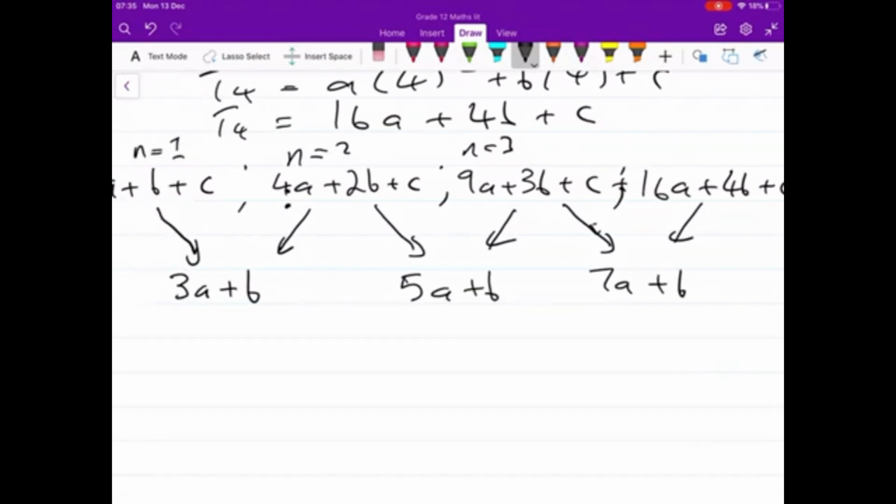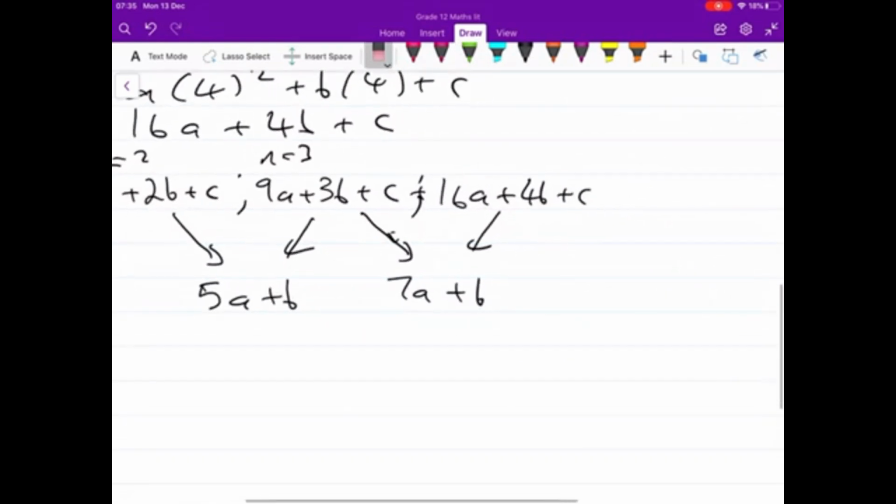If you notice something here, this is a pattern by itself. From here to here, we are increasing by 2a, whereas b is not affected.